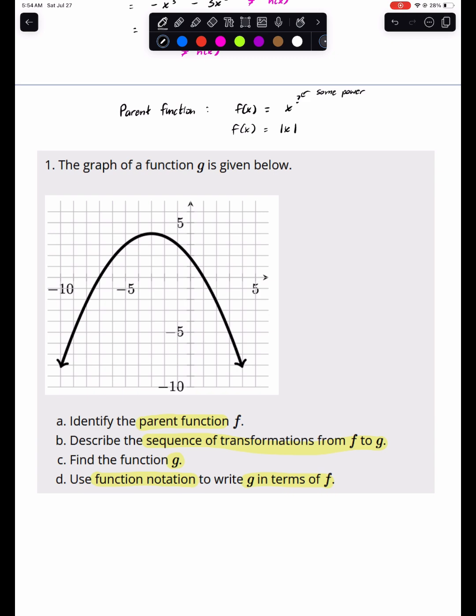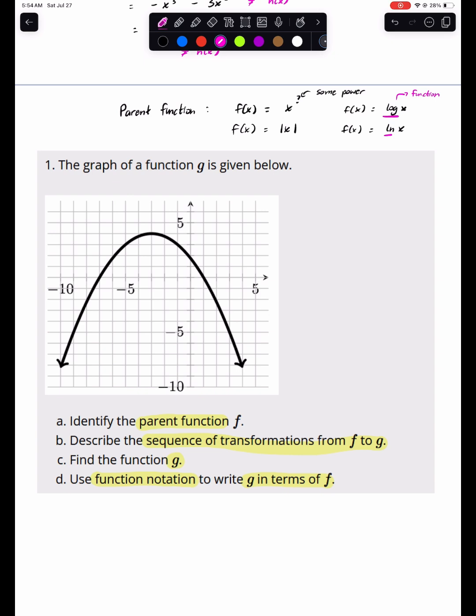I believe there's log x as well, I'm pretty sure. And there's one for natural log of x. But you can treat log, any sort of log, itself as a function. So that would be a parent function of itself.